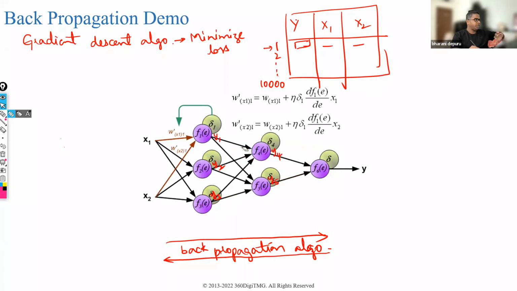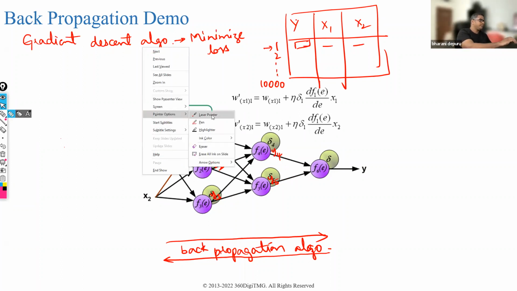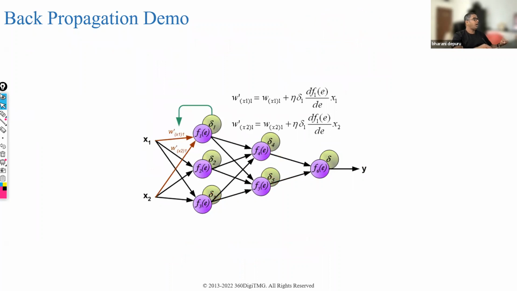So after you give back penalties to everyone, then what you do now is you update the weights. And the formula to update the weights is new weights is equal to old weights plus eta value into your error into your input.